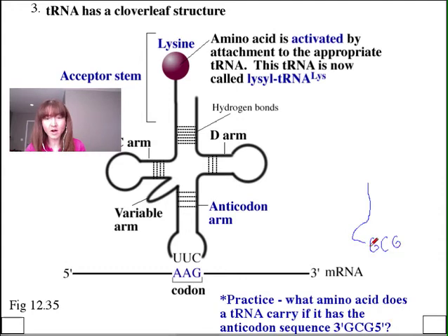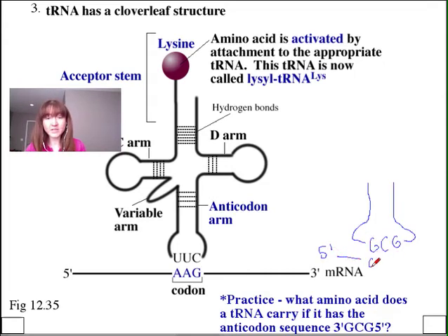So we're in good shape there. We know that the anticodon will travel 3' to 5'. So then there's the rest of the anticodon arm. And then we know the tRNA will pair with the mRNA. So we'll go ahead and draw down the mRNA and see if we can determine the sequence of the codon.